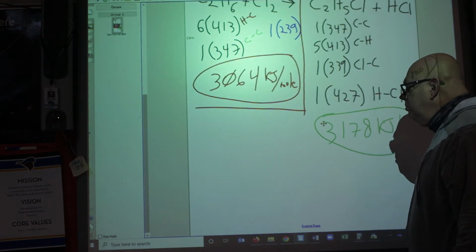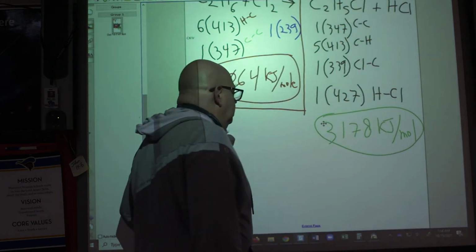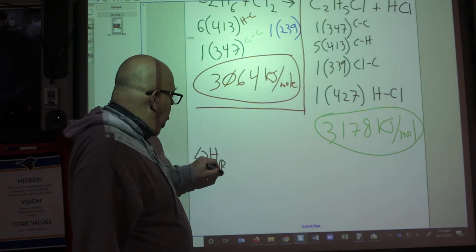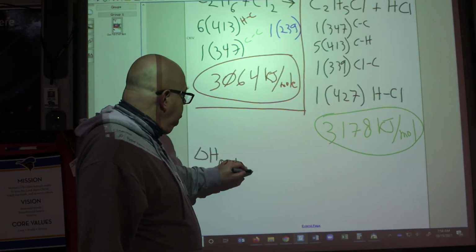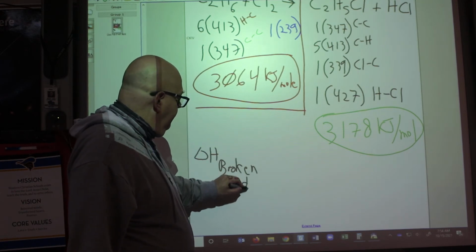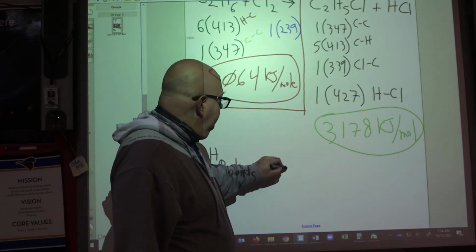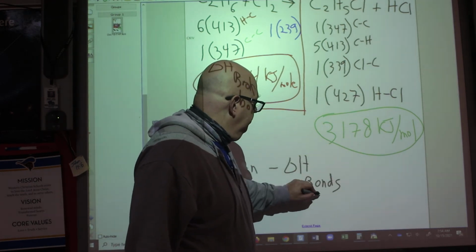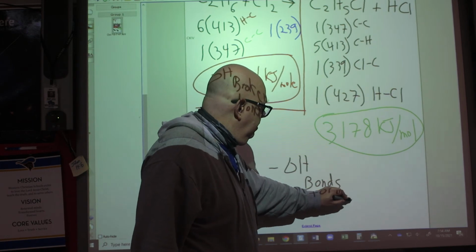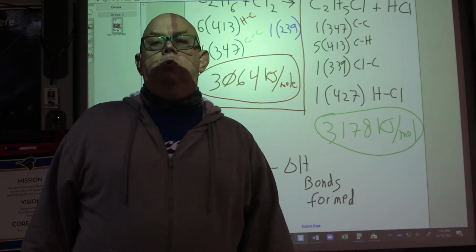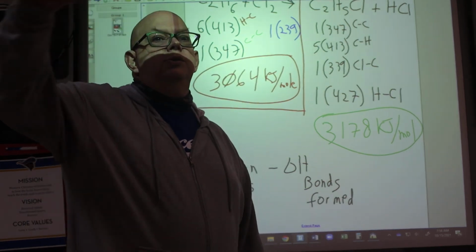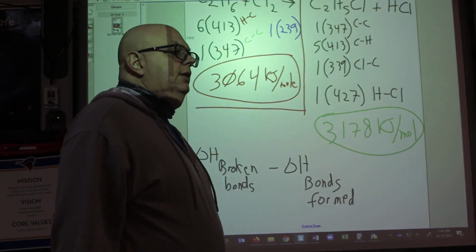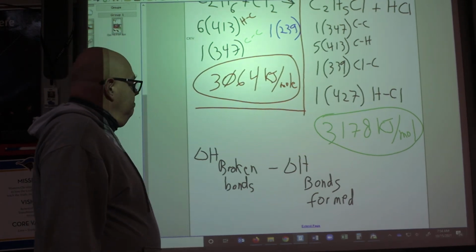Well, the formula is the delta H of broken bonds minus the delta H of bonds formed. That's a very important formula for you to use because you will be using that in other ways. So I'm just pointing that out to you guys.